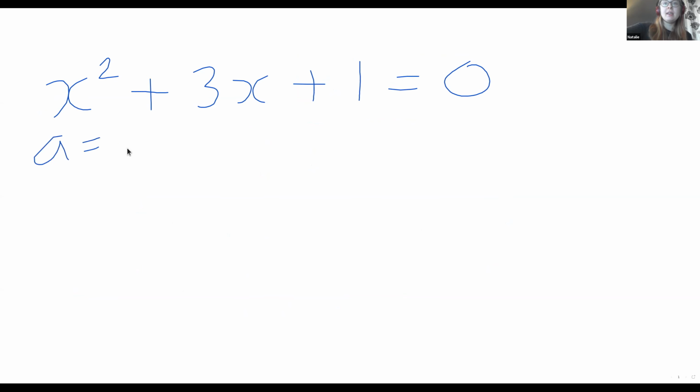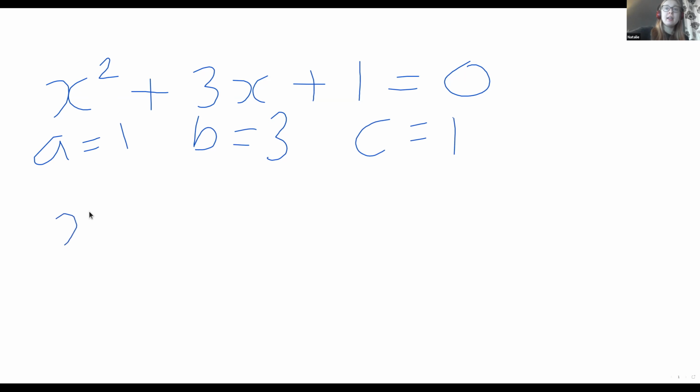My a is 1 because there's nothing in front of the x squared. My b is 3 and my c is 1. Now we can use a calculator, but we're going to hold off on just chucking everything into our calculator, and I'm going to explain why in a second.